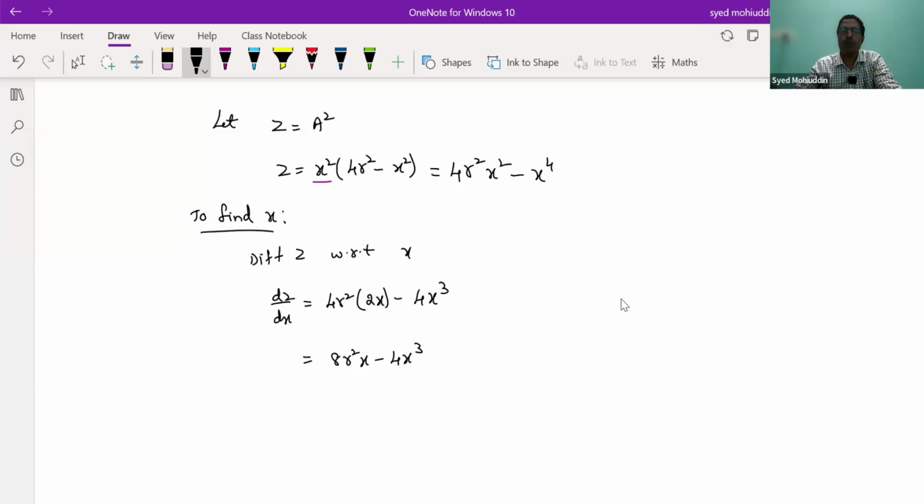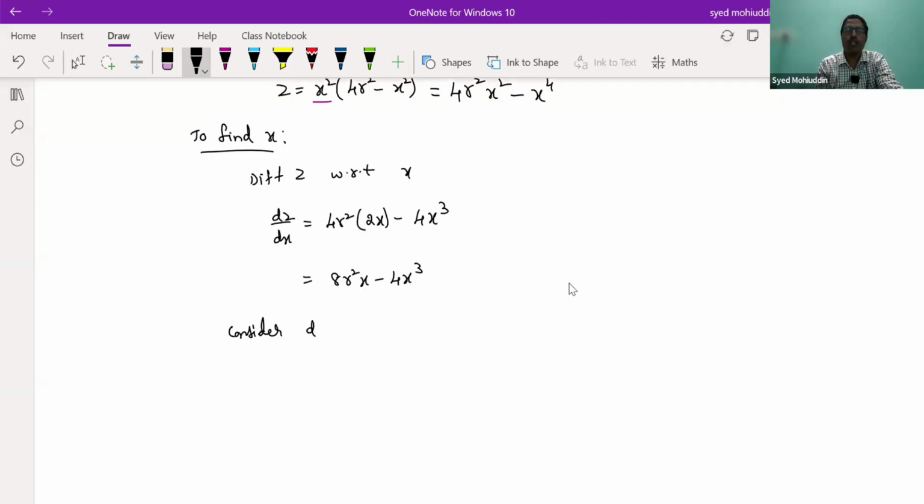But to find out the value of x, we have to consider dz by dx to be 0. So dz by dx, which is 8r square x minus 4x cube, is equal to 0. If you observe over here, x is common.